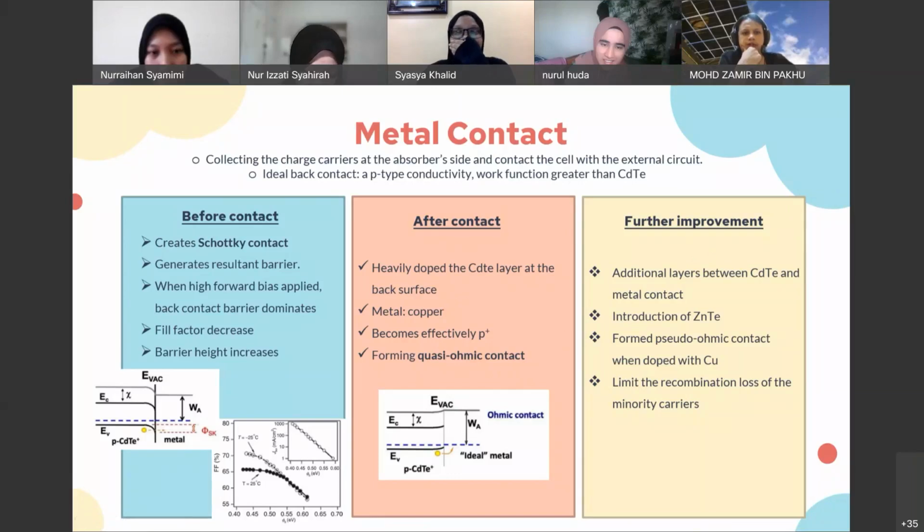Is it a pure copper back contact or is it alloyed copper with something else? It's usually an alloy of copper and gold, most commonly used. Okay, so copper gold as your back contact.